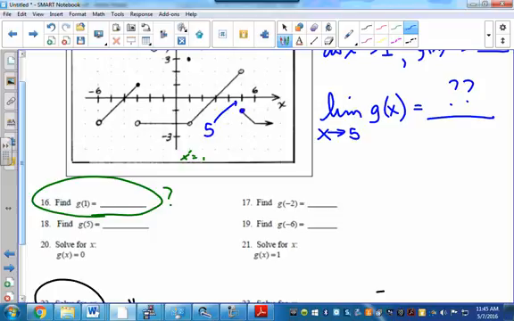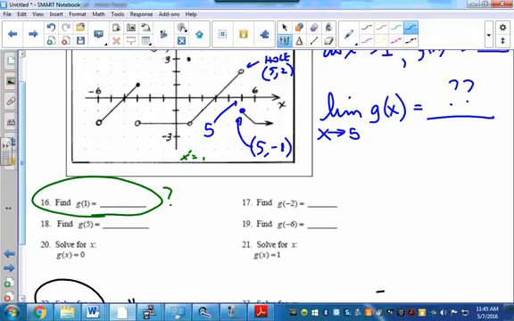The graph down at this location, this was the ordered pair (5, -1). And up here we had a hole. If I said, where is the hole? I suppose you could say it's at the location (5, 2), but there's no dot there. There's a missing point. There is no functional value at 2, right? The y value is not 2. In fact, the y value is down here at -1.